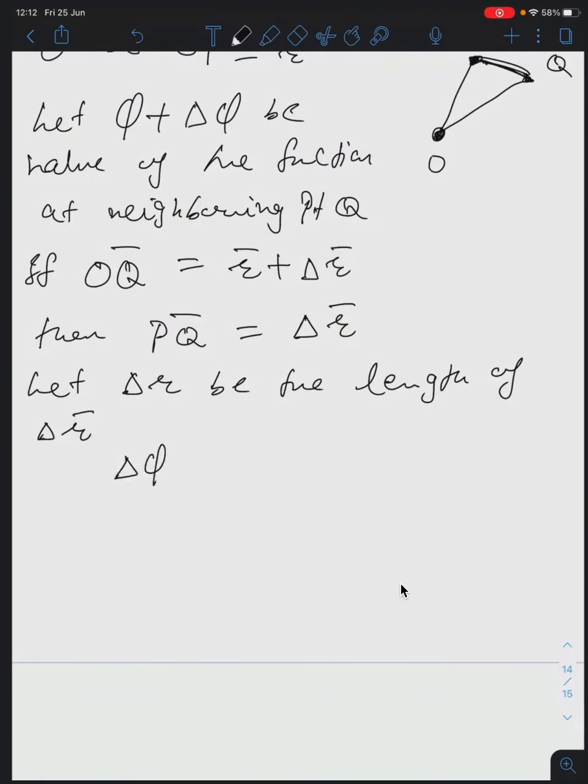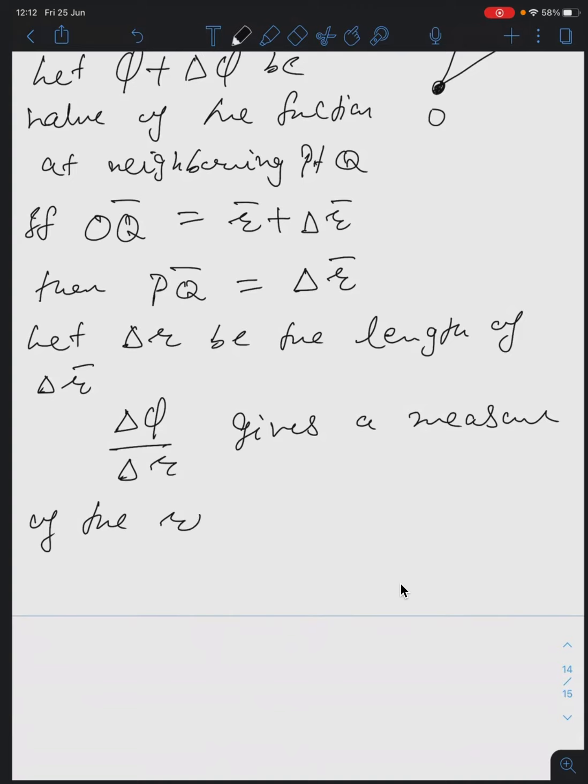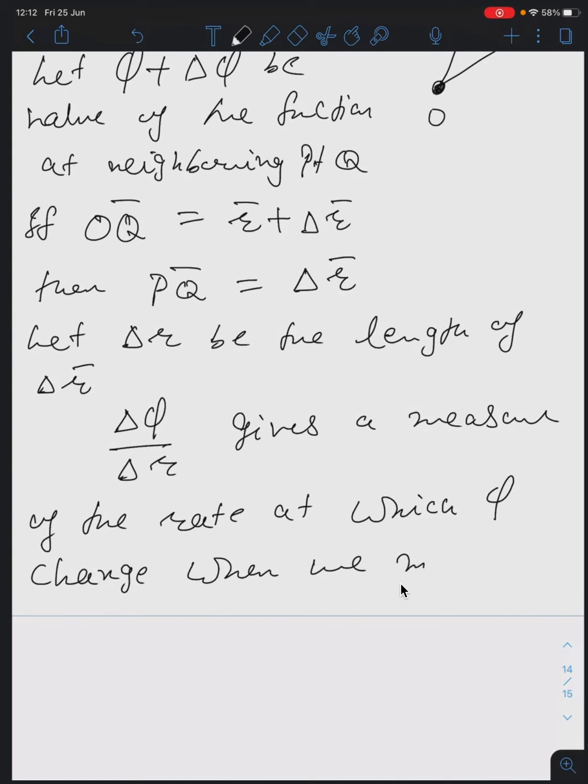Then del phi by del R gives a measure of the rate at which phi changes when we move from P to Q. So that gives a measure of rate at which phi changes when we move from P to Q.